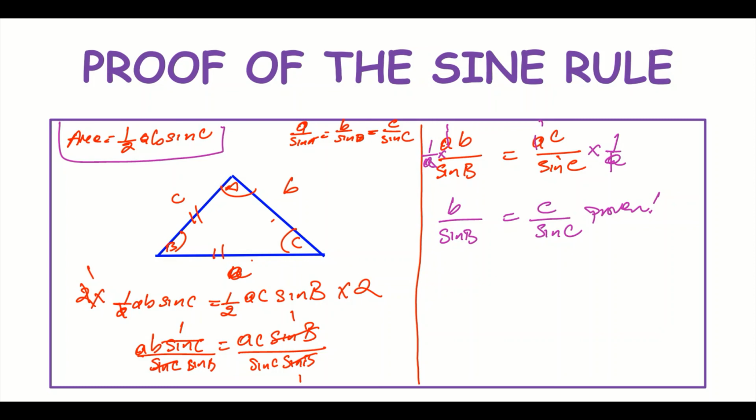And as we said, if you were to take sine A, you could equate it using the legs C and B, half CB sine A. You could manipulate it that way. So you could choose any two angles and work it that way, or you could just equate all three areas and get the same thing. It's just your manipulation of the formula.